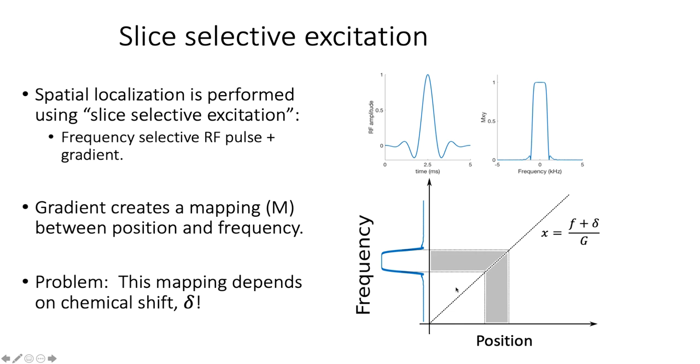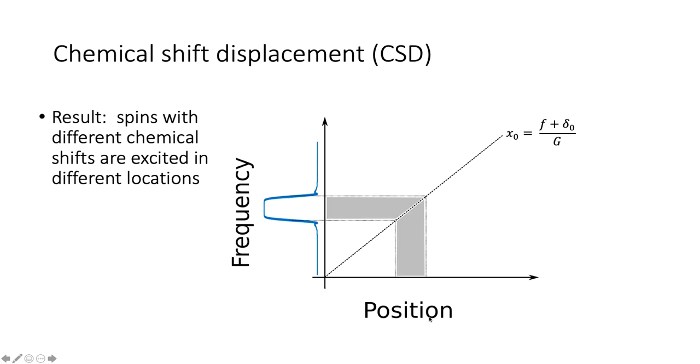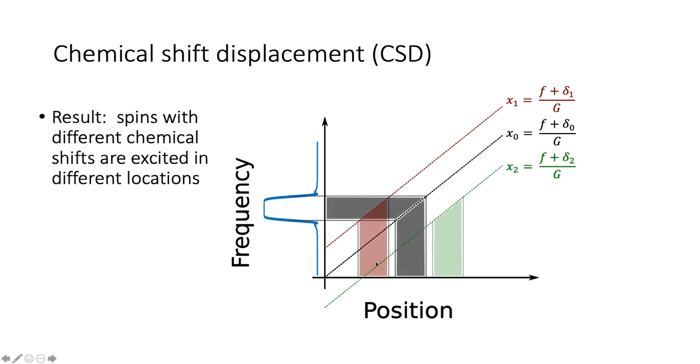The problem is this mapping actually depends on the chemical shift of the spins. In spectroscopy, we're looking at many spins with different chemical shifts. Whereas one spin might result in a slice selection at one position, spins with different chemical shift values will have their selected slices end up in different positions. This is something our simulations really need to take into account in order to do an accurate job.